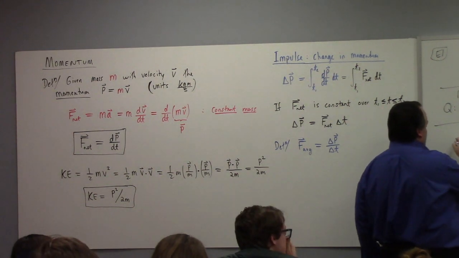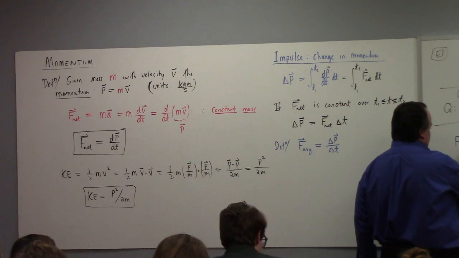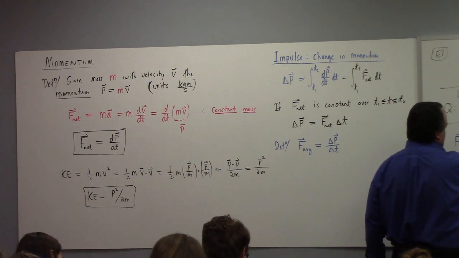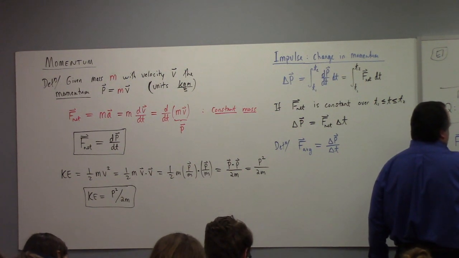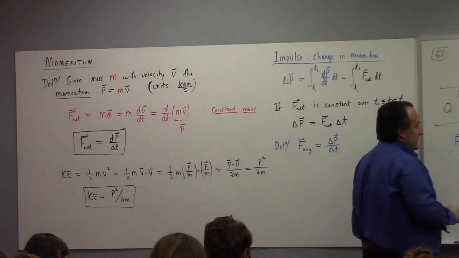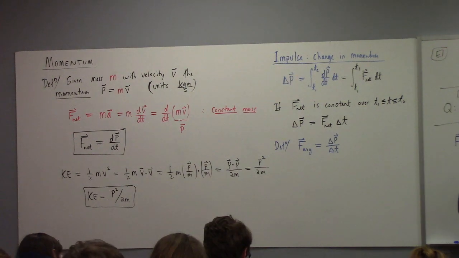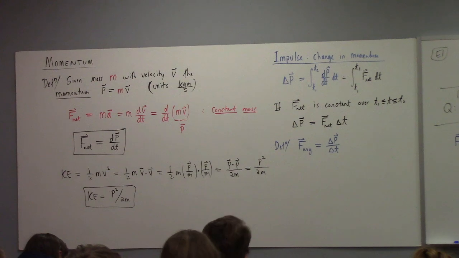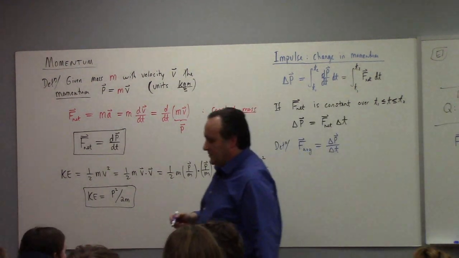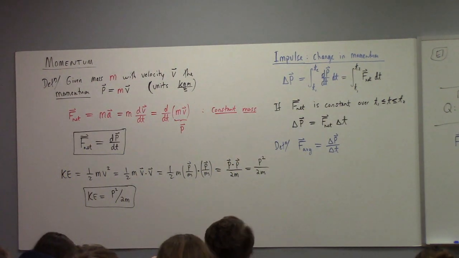So the average force is delta P over delta t. So we need to figure out what the delta P is. So first of all, let me do it up here. You guys tell me, this is the easy part. What's P0?